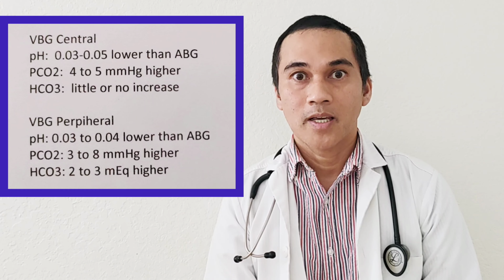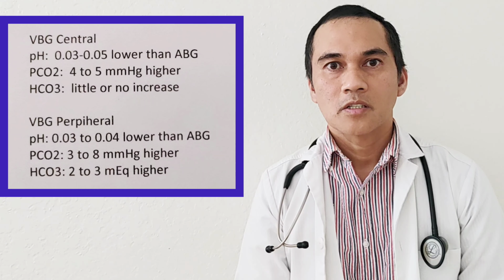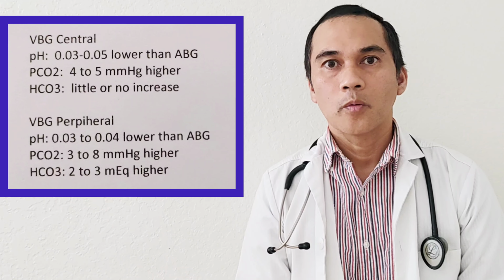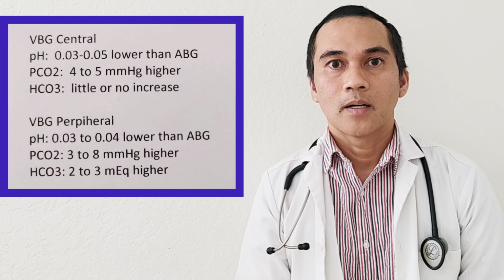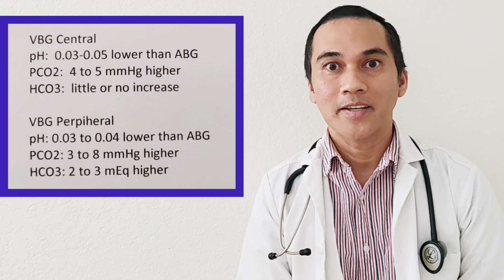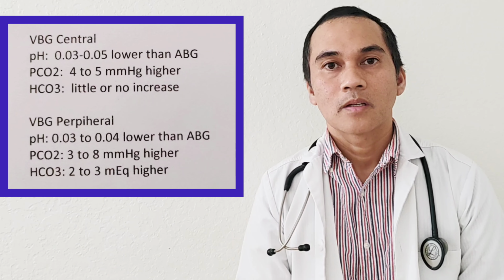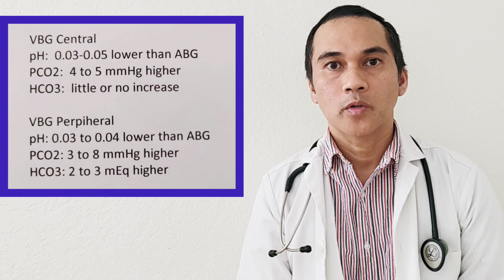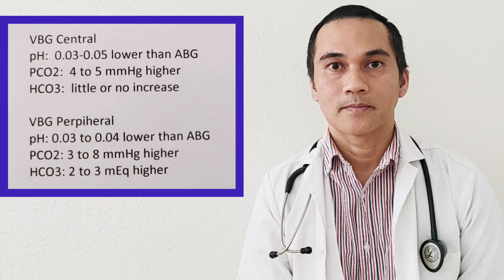The bicarb is unchanged for central. For the peripheral, pH is 0.03 to 0.04 lower than your ABG values. The CO2 is 3 to 8 millimeters of mercury higher than your ABGs, and then the bicarb is 2 to 3 higher than your ABG values.